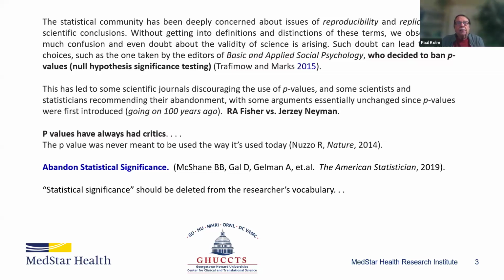And their writings are almost 100 years old now. But anyway, there are people who've always been critical of the use of p-values. More recently, some have advocated for abandoning the concept of statistical significance.